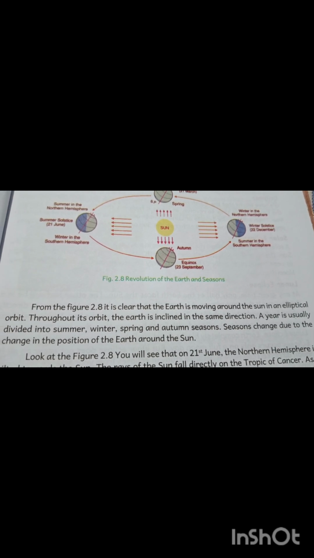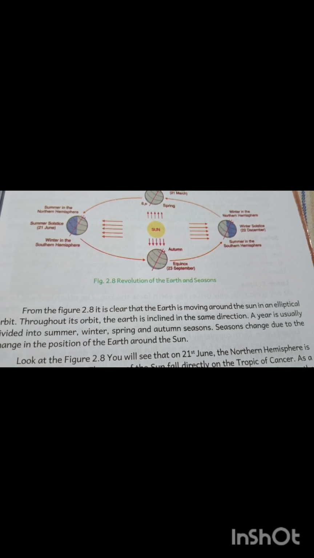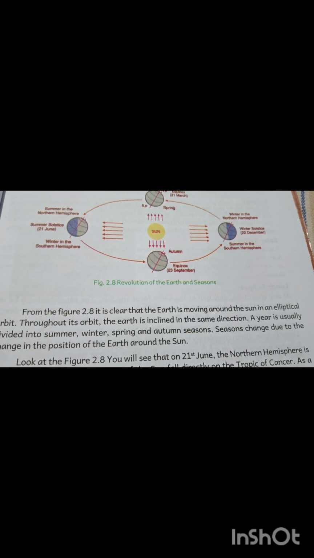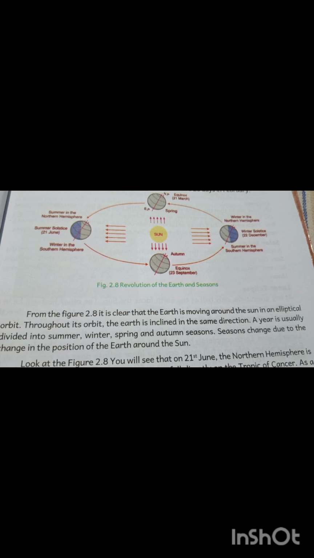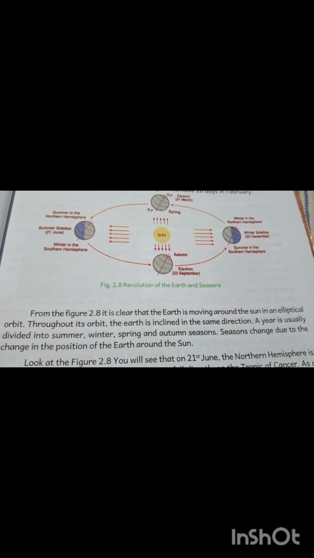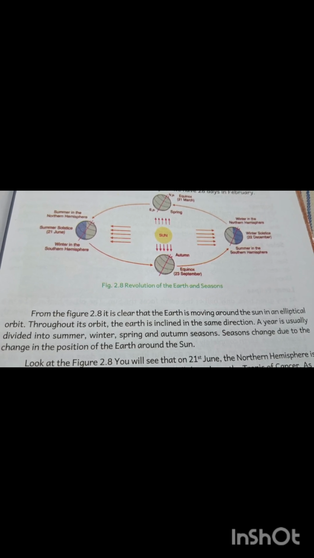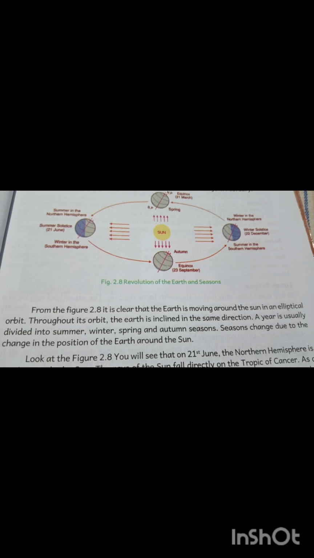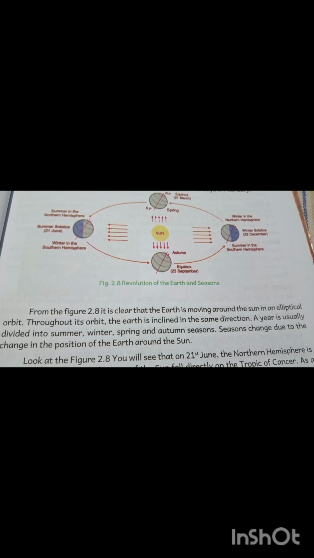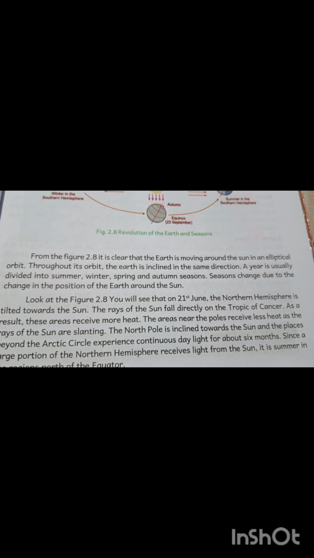A year is usually divided into summer season, winter season, spring season, and autumn season. Seasons change due to the change in the position of the earth around the sun. Look at figure 2.8.